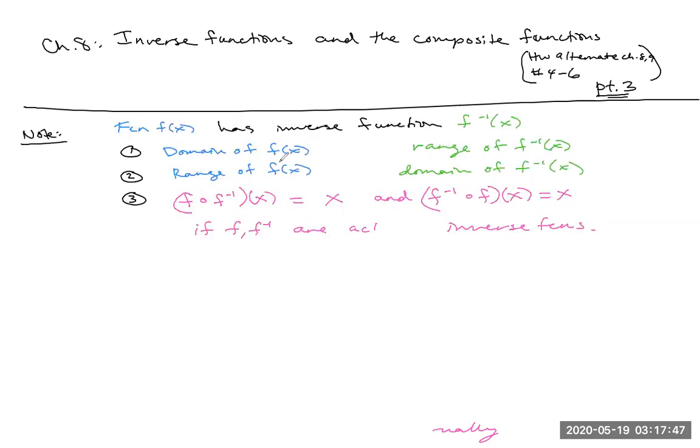Okay, so now some properties of functions that are 1-to-1. If function f of x is 1-to-1, it has an inverse function, which is f inverse of x. What we find is that the domain of f of x is actually equal to the range of f of x. I think I said that wrong. Let me repeat and slow down.